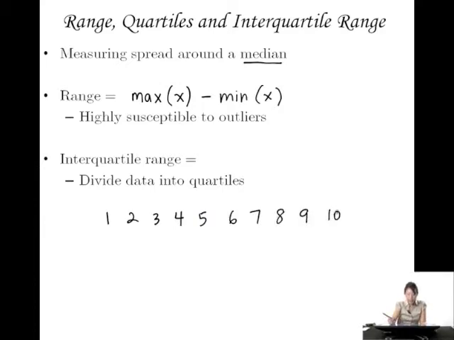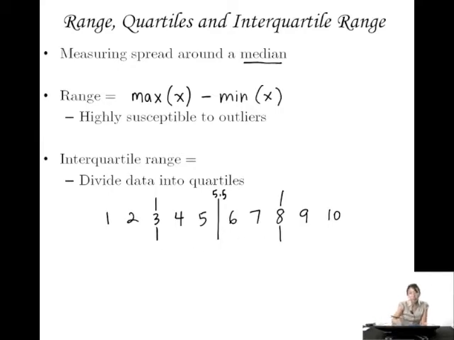So here, what we would need to do is just divide this data into quartiles first. Since it's an even number, the median would fall in between, at 5.5, right? And then to divide it further into quartiles, we divide it at the 3, and divide at the 8, right? And so here's the first quartile, the second quartile, the third, the fourth.